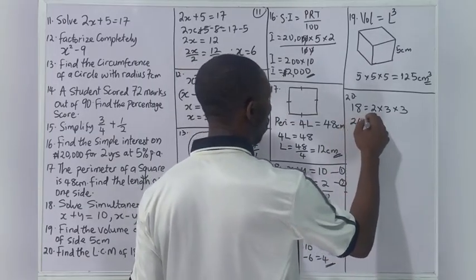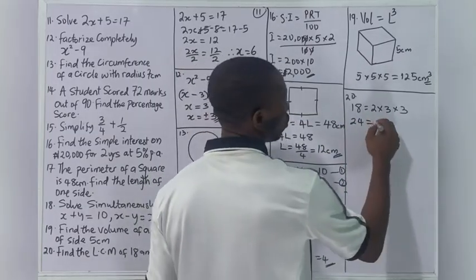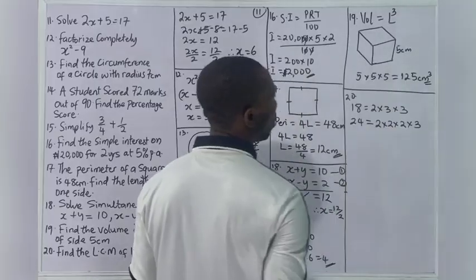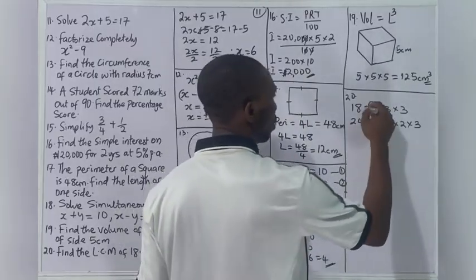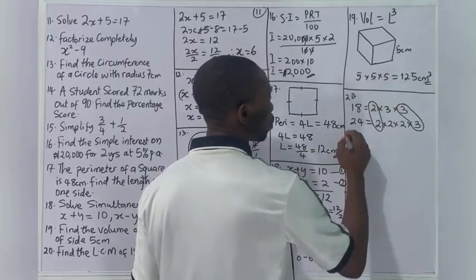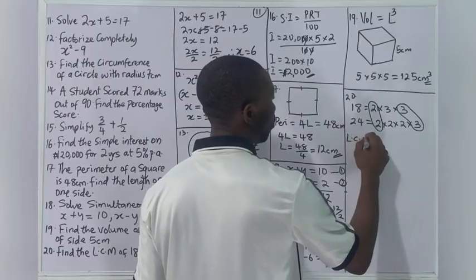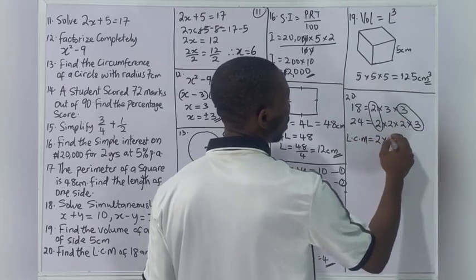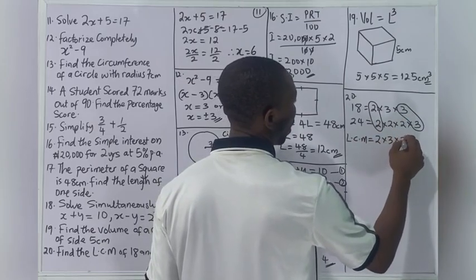And for 24, we have it as 2 times 2 times 2 times 3. Okay, so this is common. This is common. So our LCM would be 2 times 3 times 3.